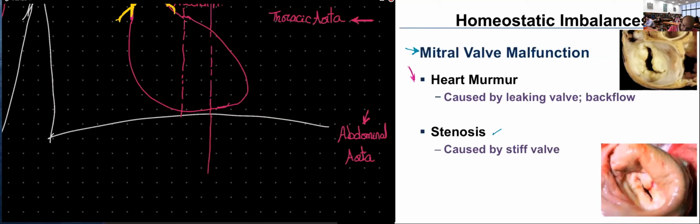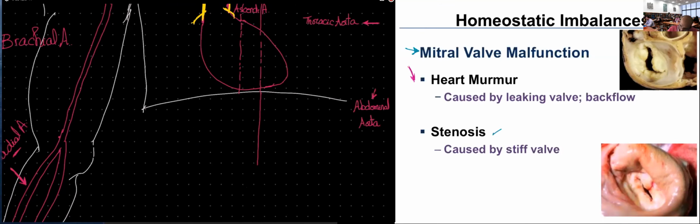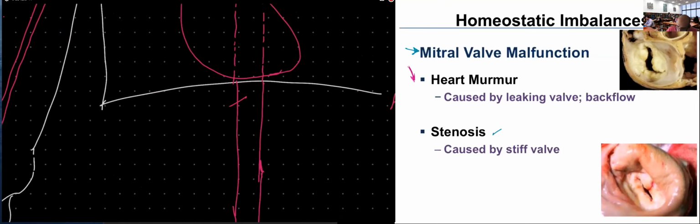So the abdominal aorta travels down through the abdomen. It gives rise to the first branch, which is called my celiac trunk. The celiac trunk gives rise to three branches.